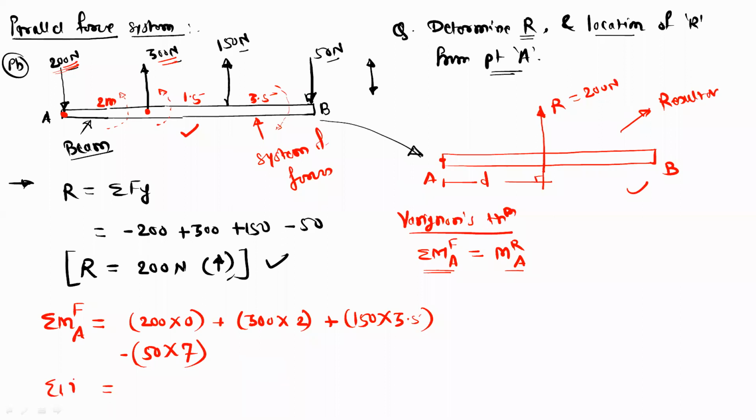So you will get summation of moment by all the forces about A. It is equal to 775. This is Newton meter. Okay, check this answer.